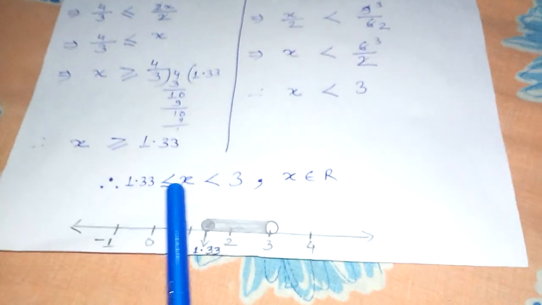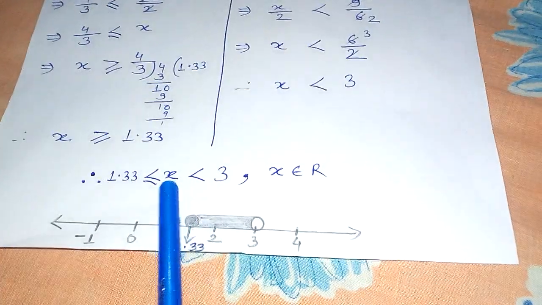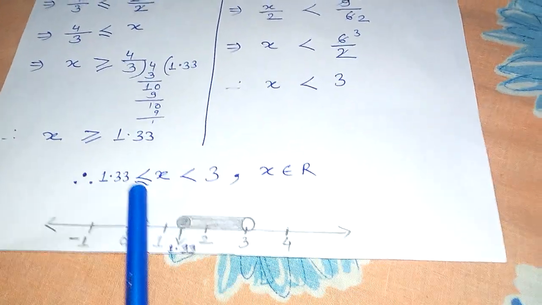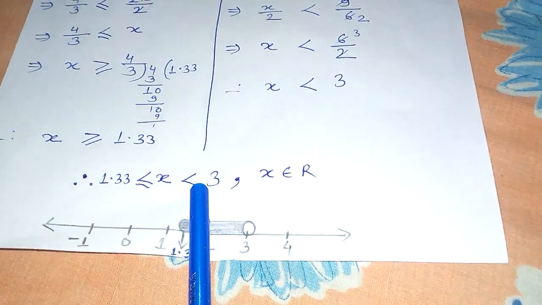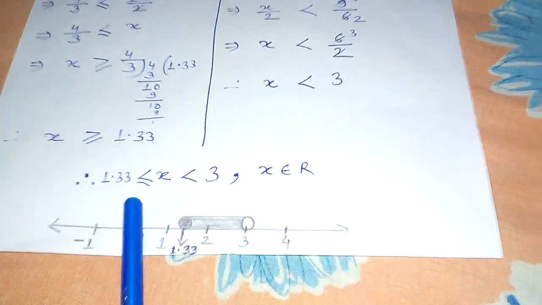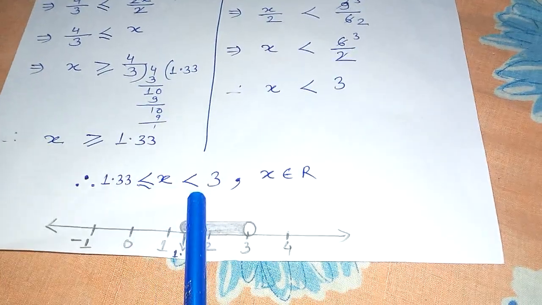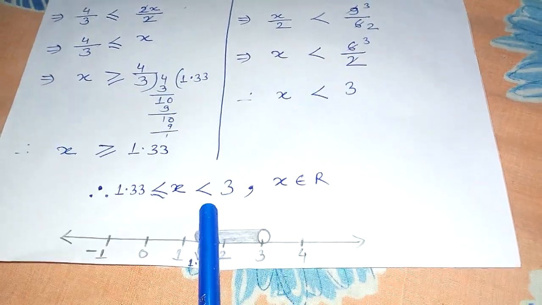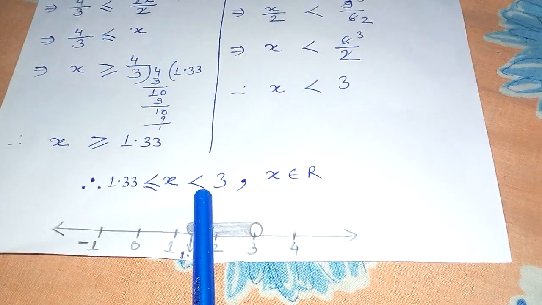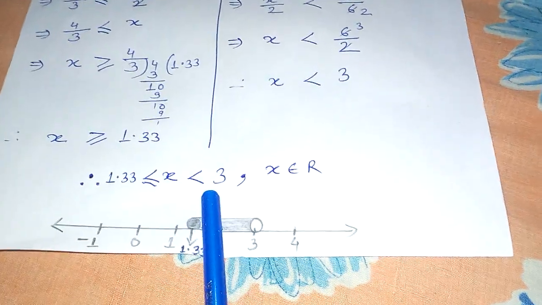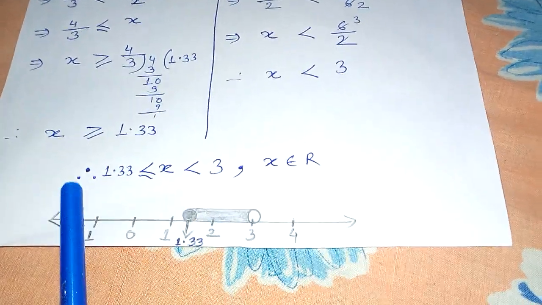Now it is said that we should always write the symbols in the solution set like this: less than or equal to, and this is less than. Why equal to came here and why not, I will tell you something regarding this. These kinds of symbols are used in ascending order, meaning from smaller to larger.